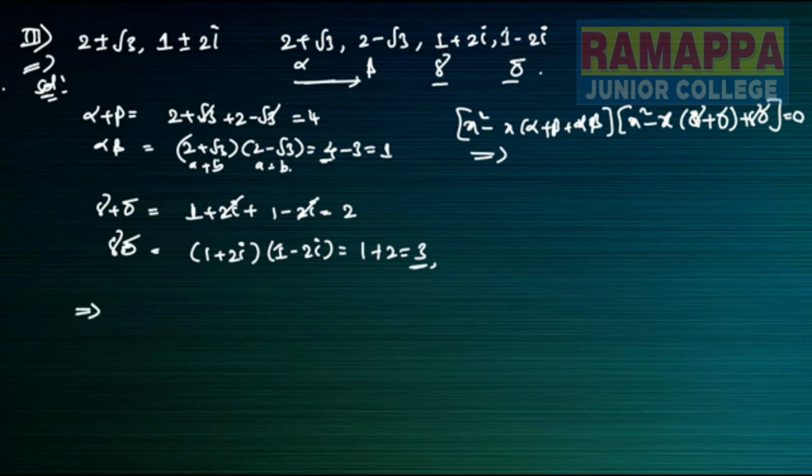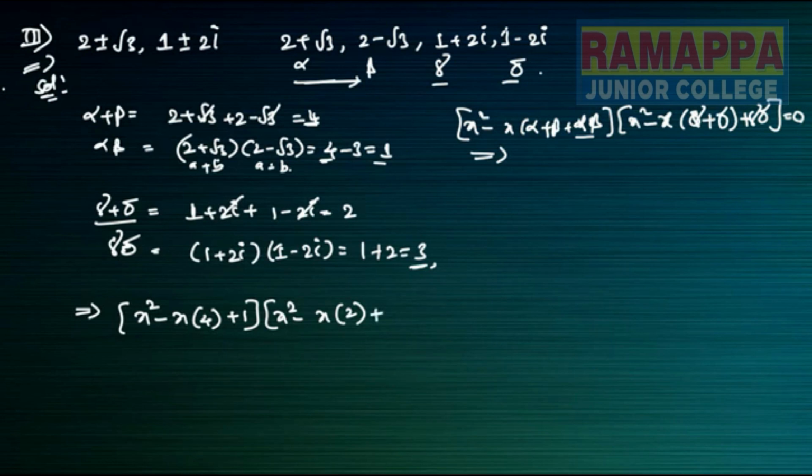So x square minus x into alpha plus beta, which is 4x, and alpha into beta is equal to 1, so 1. Into x square minus x into gamma plus delta, which is 2, plus gamma delta, which is 3, is equal to 0.